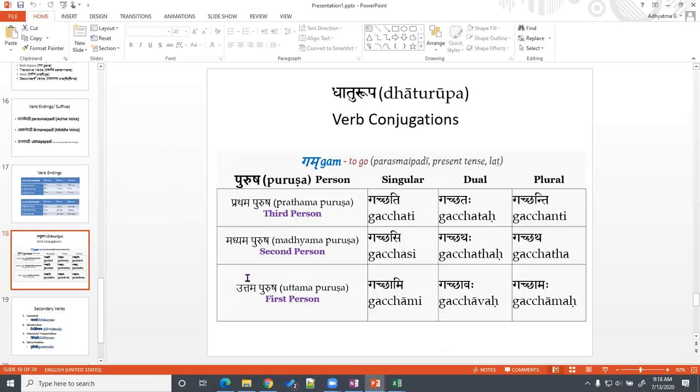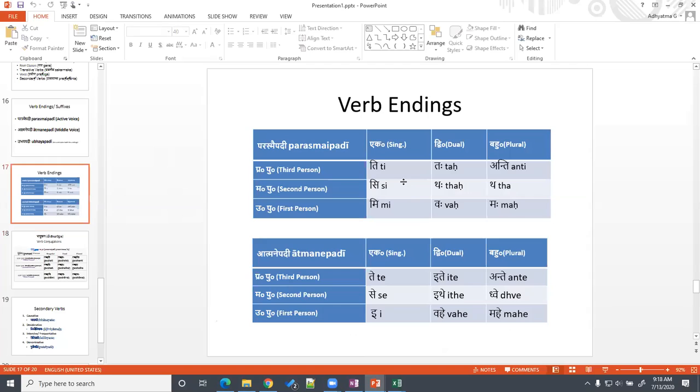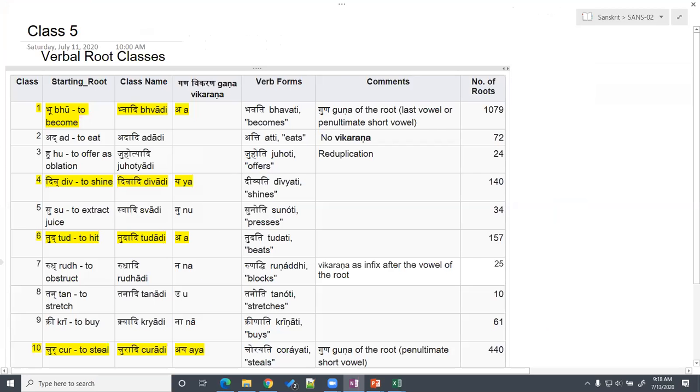These are our endings: ti, taha, anti, si, taha, tha. So between the verb root and the ending, a letter or a group of letters come in based upon the Gana. I'll show you an example.